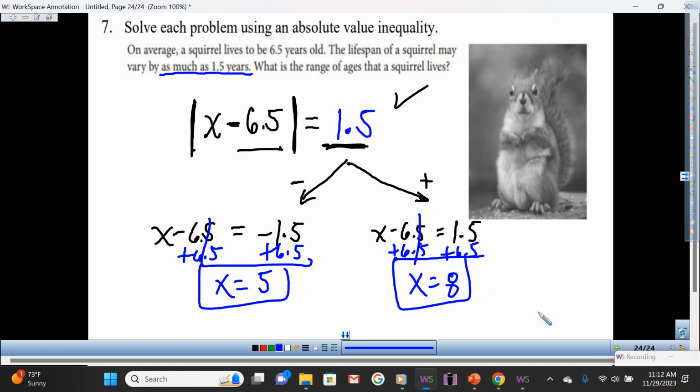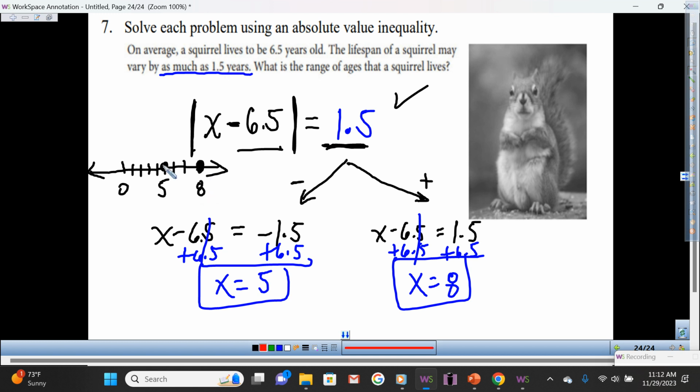Yes? So, let's graph this. Here we go. So the lifespan of the squirrel is from 1, 2, 3, 4, 5. From here to what? 6, 7, 8 to here.